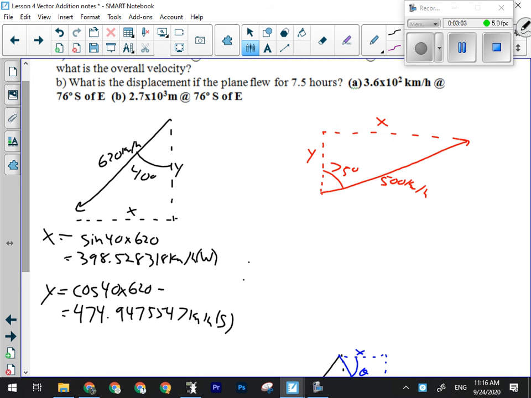So I've got my x and y components for the first triangle. Now I need to do the same thing for the second triangle.